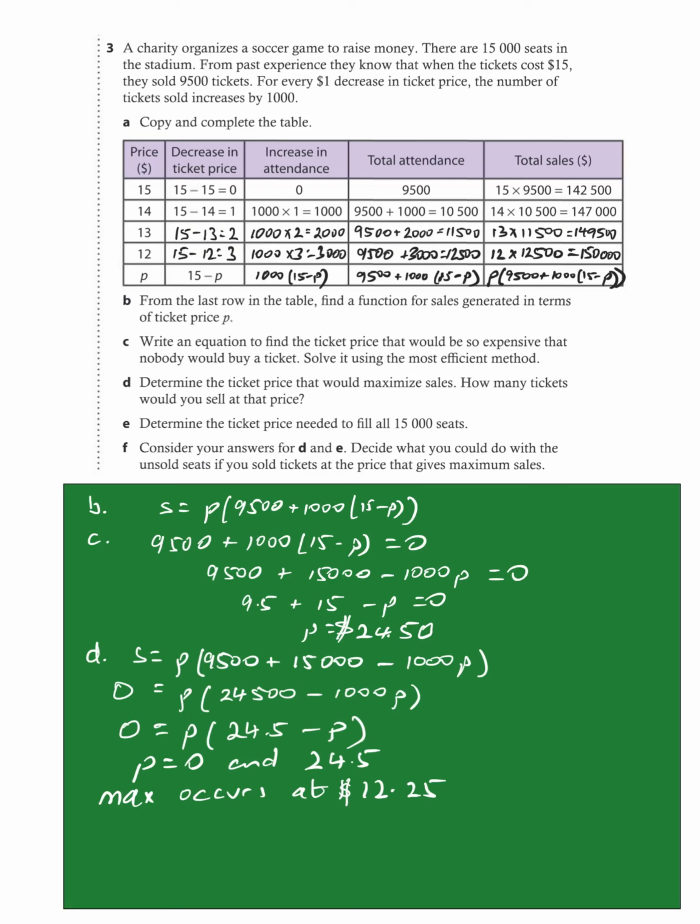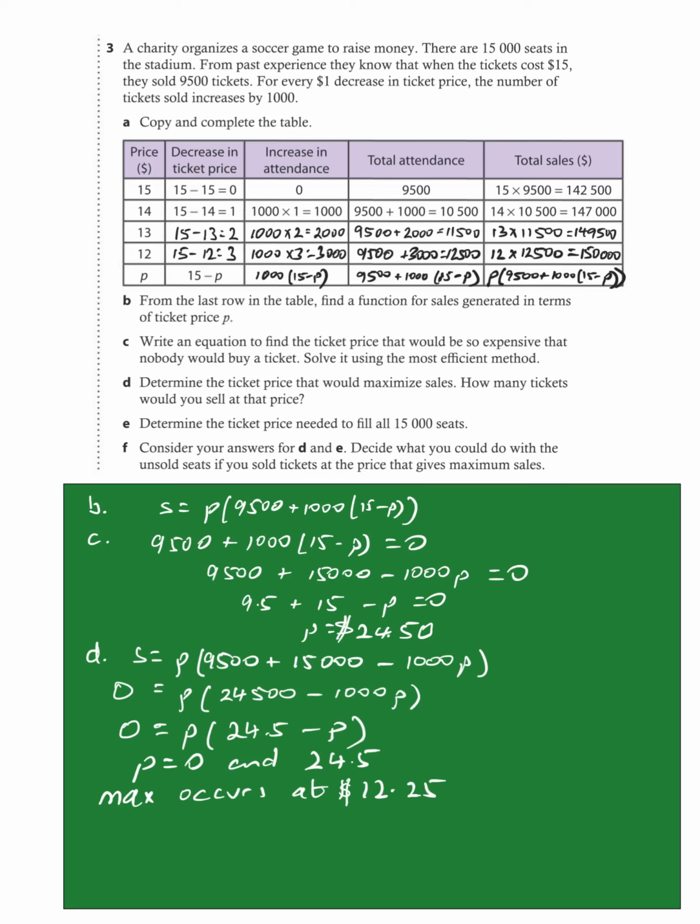Now, normally when you do quadratics, you would then put that back in and find the value for the total sales. But the question was, how many tickets would you sell? That's the tickets. So let's put that p value of 12.25 directly into this.